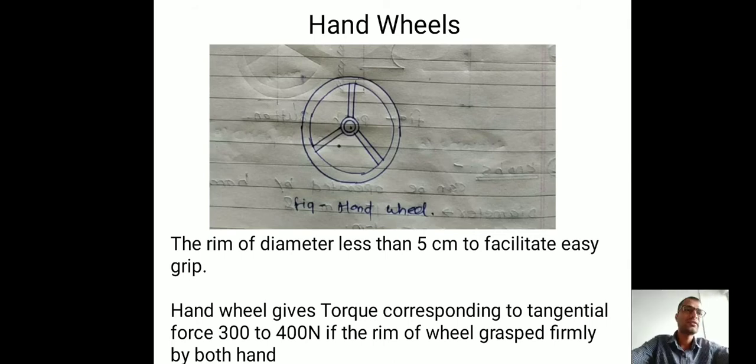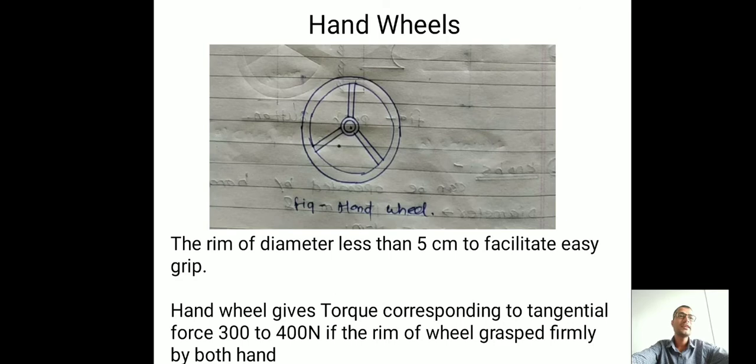Clear, students? What is the actual role of ergonomics in design of hand wheel? Design of hand wheel as a control member. We have to design hand wheel in such a manner that it should be easily handled by both hands.